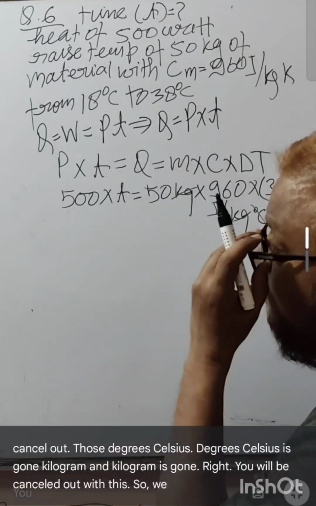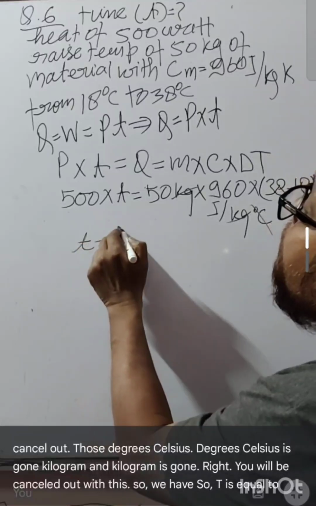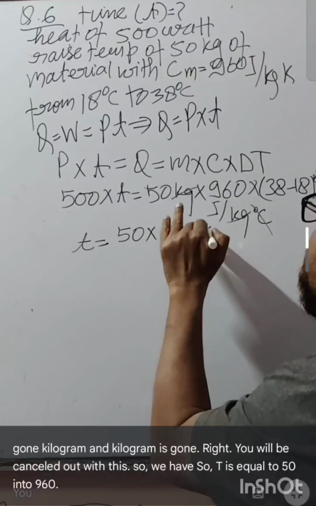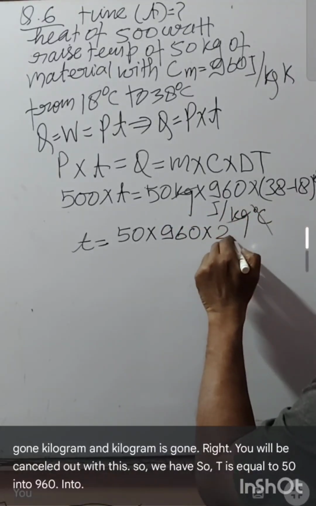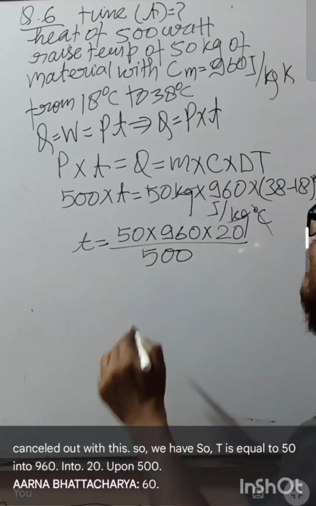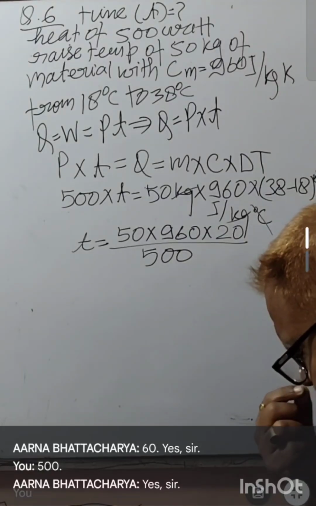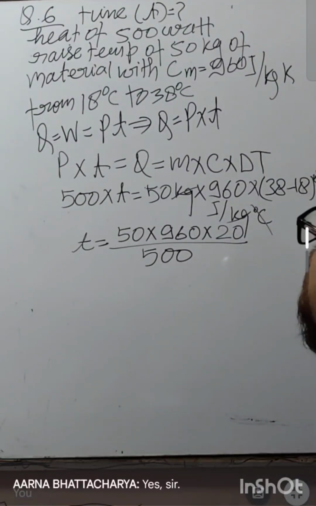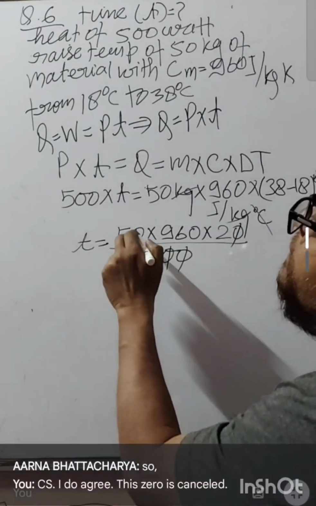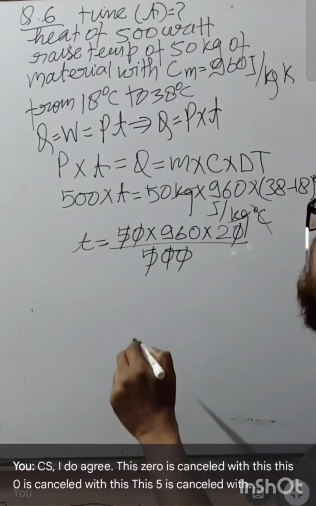So T is equal to 50 into 960 into 20 upon 500. This 0 is cancelled with this 0, and this 5 is cancelled with this.